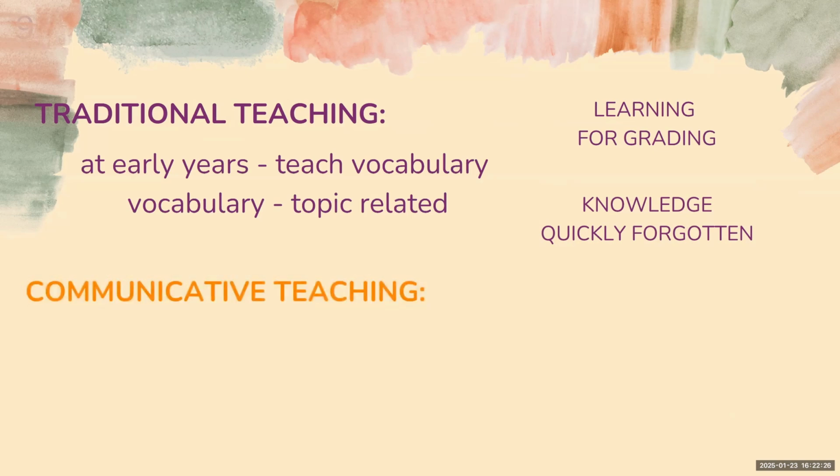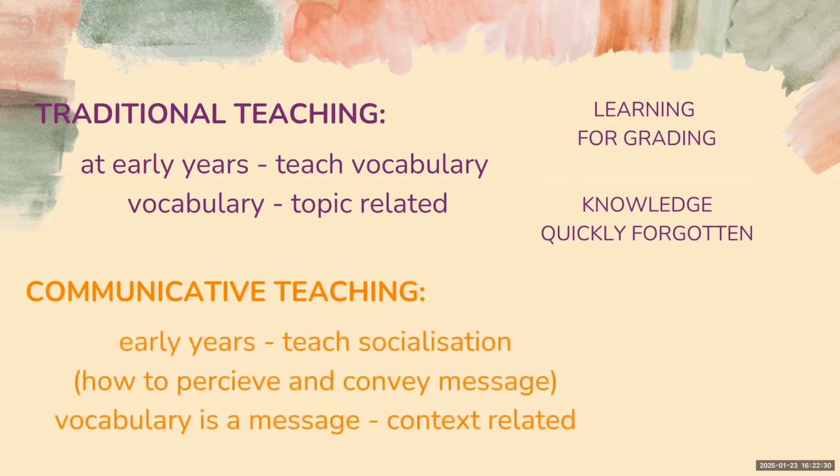On the other hand, with communicative teaching, we present content-related information even in the early years by focusing on passing the information through socialization, that is, building relationships by using social skills. Yes, vocabulary is also used and learned, but the way it is put together is carrying a message, and therefore it is context associated.